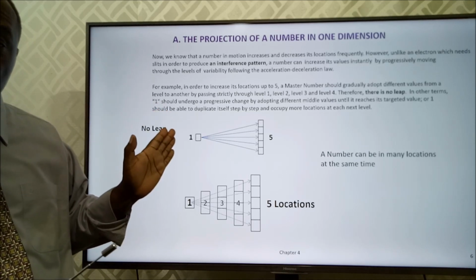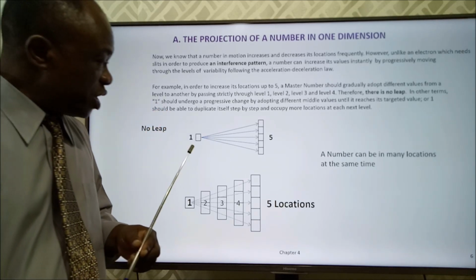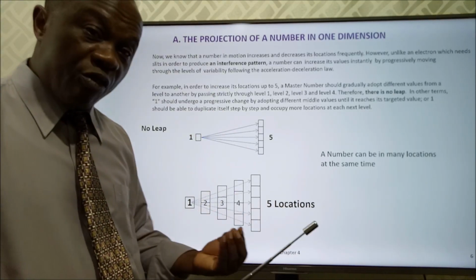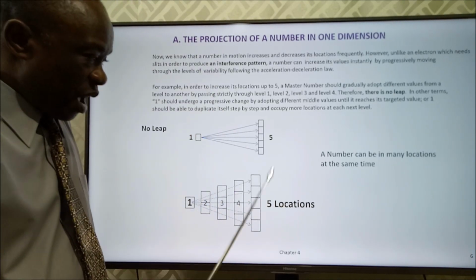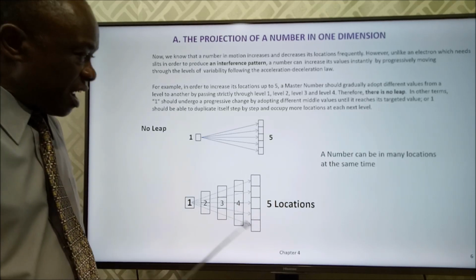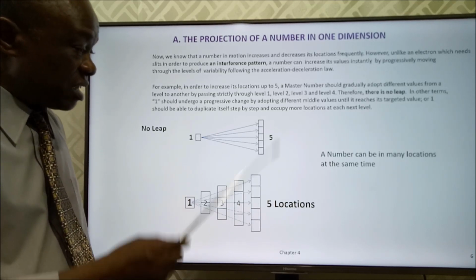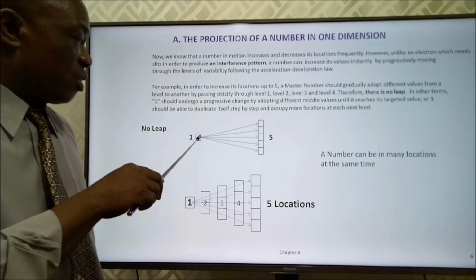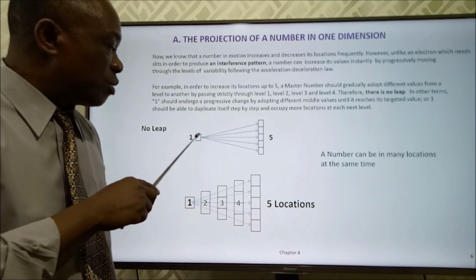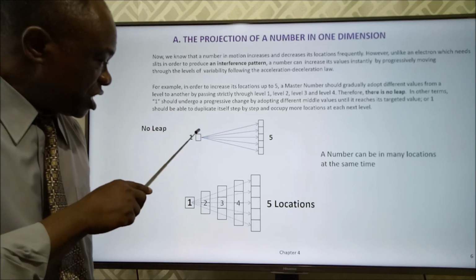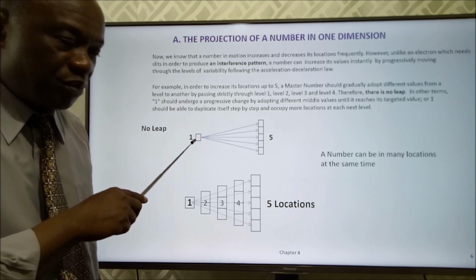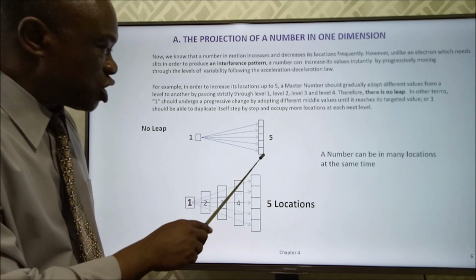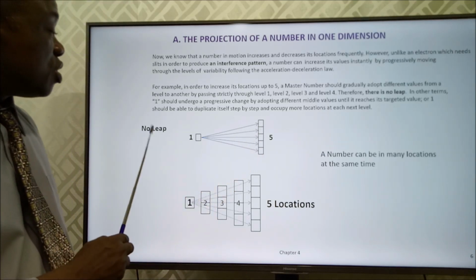So in one dimension, in order for us to have all the values out, we decelerate the number, and it gives us n plus 1. For example, here we go from that brick number 4 and, if we have to reach 5 locations, there is no leap.